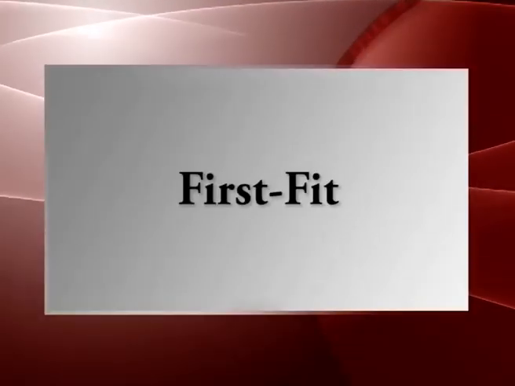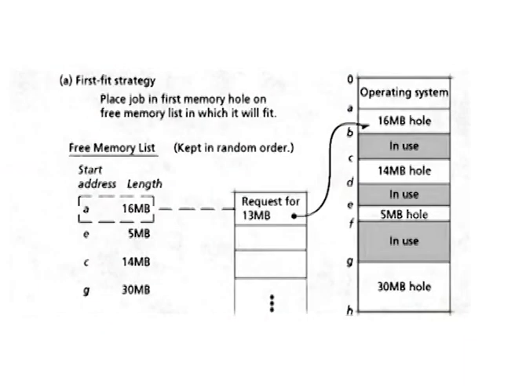First is first fit. Using this strategy, we allocate the first hole that is big enough to the incoming process. Searching can start either at the beginning of the set of holes or where the previous first fit search ended. We can stop searching as soon as we find a free hole that is large enough to load the incoming program.